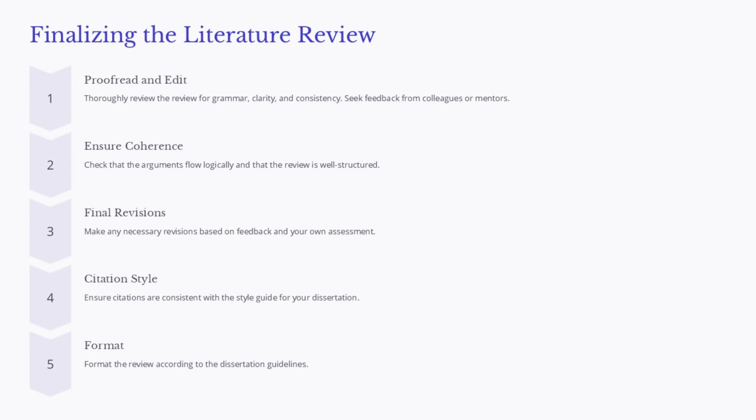Based on your own assessment and any feedback received, make any necessary revisions to improve the quality and flow of the literature review. It's also critical to ensure your citations are consistent with the style guide required for your dissertation. Double-check that you've formatted everything correctly. Finally, make sure the entire literature review is formatted according to the specific guidelines outlined for your dissertation.